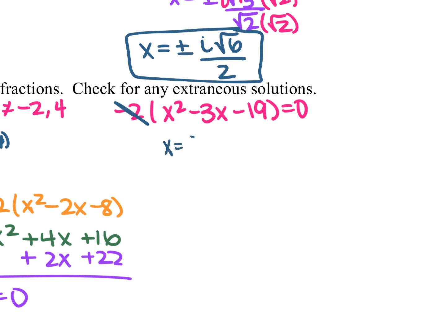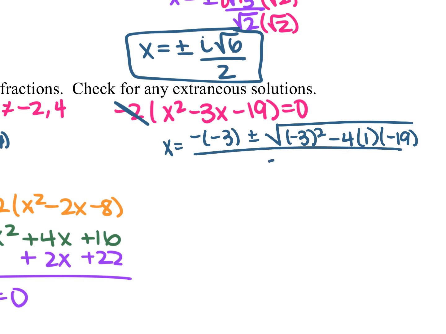You're going to have x is equal to the opposite of negative 3 plus or minus the square root of negative 3 squared minus 4 times a, which is 1, times c, which is negative 19, all over 2 times a, which is 1. So this simplifies to give you positive 3 plus or minus the square root of 9 plus 4 times 19. 4 times 9 is 36.